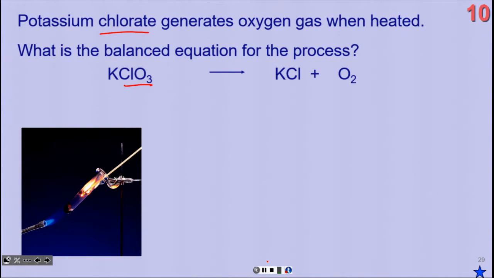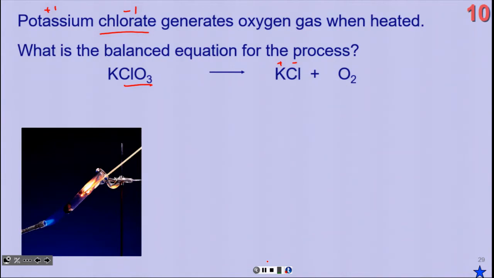Remembering that potassium is a +1 cation, chlorate and its various other chlorine-oxygen ions, anions, are all of -1 charge. Potassium is +1, chlorate is -1, so that formula is correct. And oxygen is always O2 because it is, in fact, a diatomic element, right?